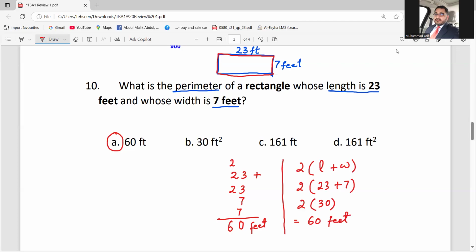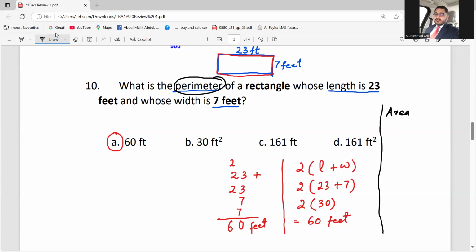This is A. Sometimes they can ask you about the area of the rectangle. If here is area in the place of perimeter, then how can we find it? For area, I'm writing here.